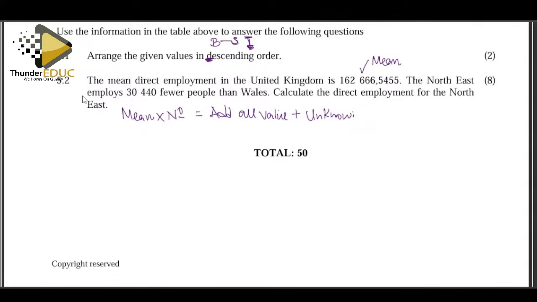So the mean is 162,666,545 times how many numbers are we looking at?